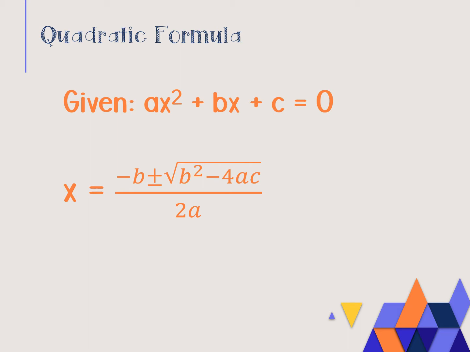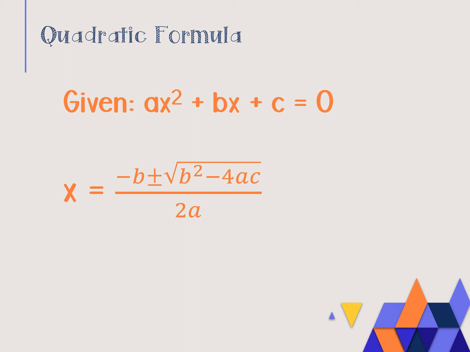So we need to have the x squared first, then the x term, then the constant, and set it equal to 0. If it's not in the correct format, you're not going to be able to get the correct a, b, and c value. The a that we're using in this formula is the coefficient of the square term. The b is the coefficient of x, and the c is the constant.